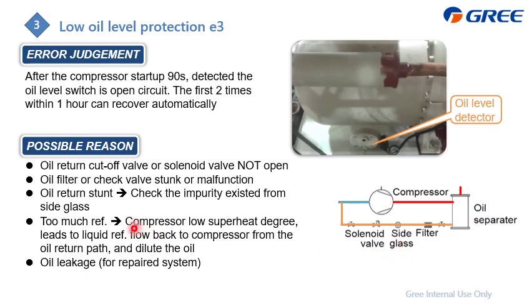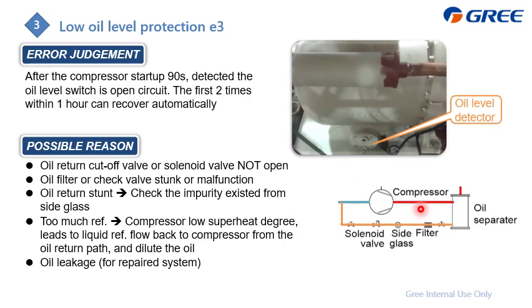And the next is maybe the system is charged with too much refrigerant. You may ask, just too much refrigerant, what's the effect on the oil? That means if there is too much refrigerant, the compressor will have a low superheat degree, which means it intakes too much liquid refrigerant, and the discharge temperature is not that high.